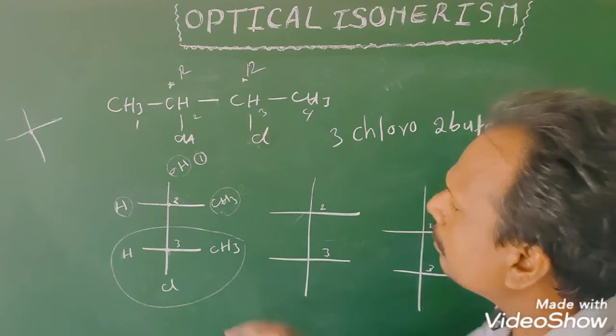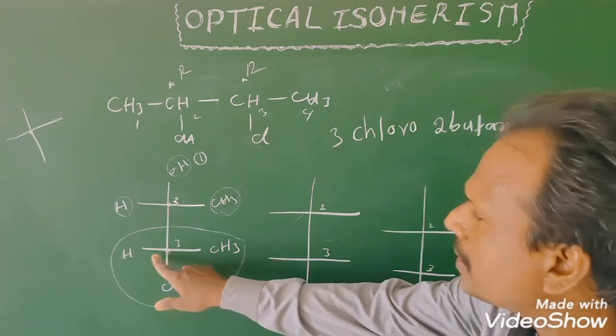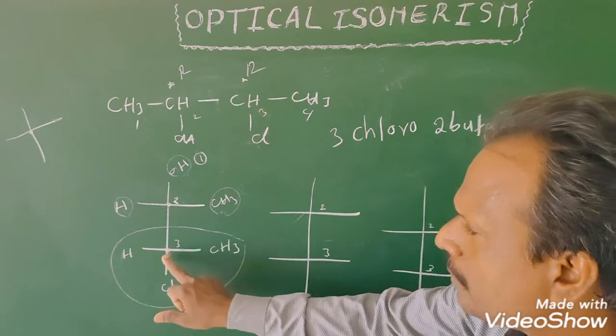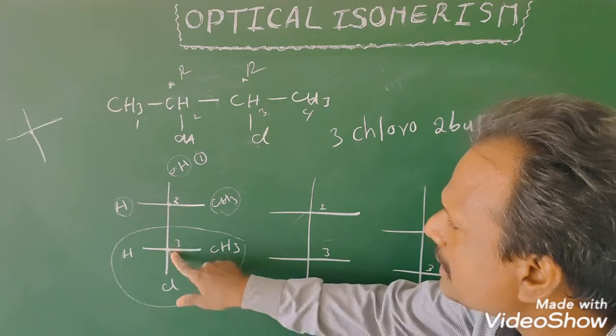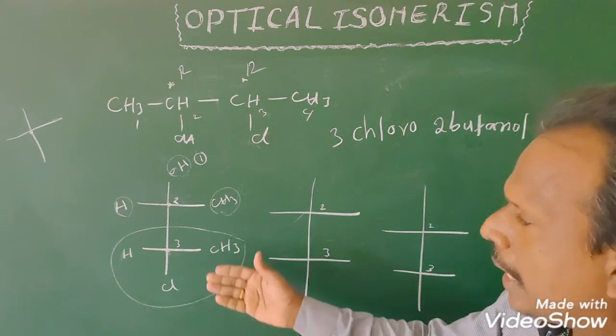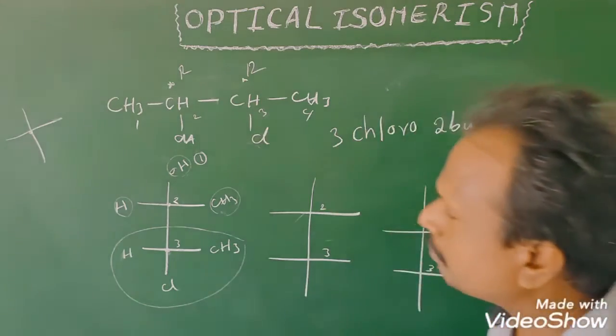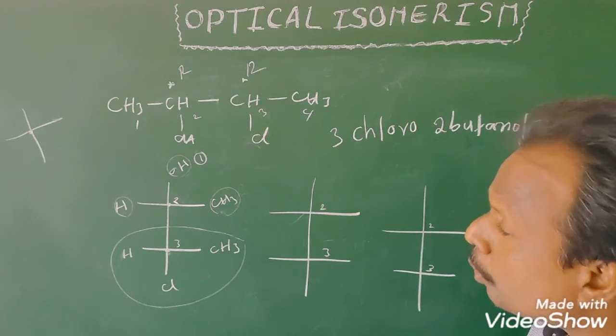We select the next atom as Cl, because this atom is small, the carbon is also small, and Cl is the big atom. So at the time of selection of the next atom, we give priority to the atom with more atomic number.